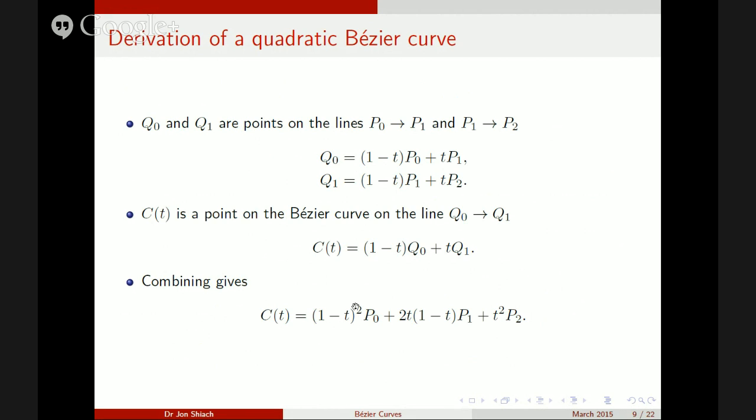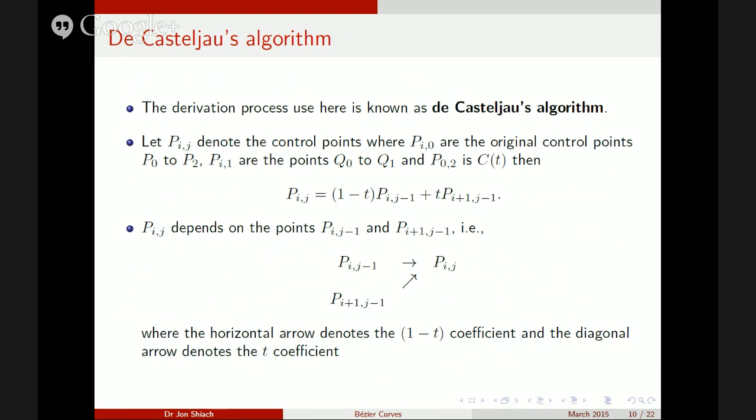I've got (1 minus t) squared times P0 plus 2t(1 minus t) times P1 plus t squared P2. That is my quadratic polynomial function, and that is my quadratic Bezier curve. Okay, that whole process is an example of what we call de Casteljau's algorithm.